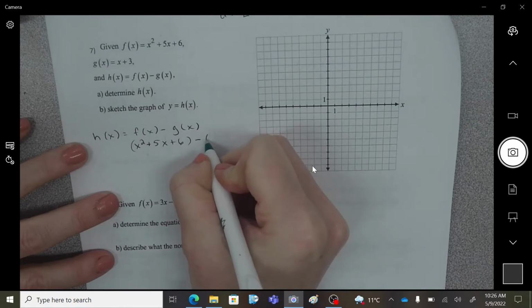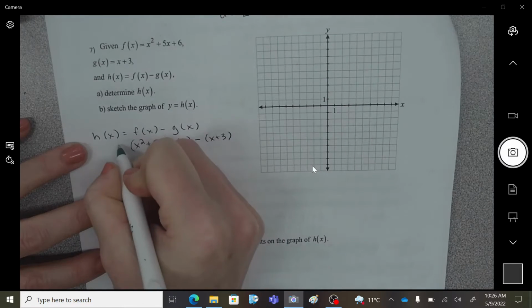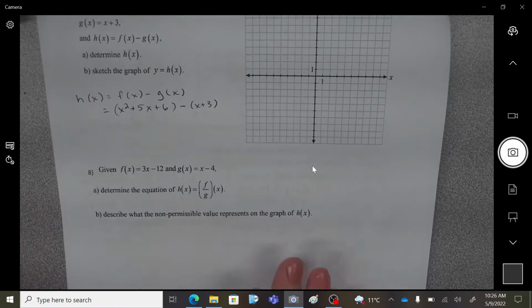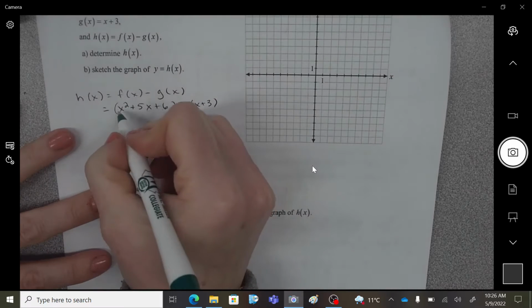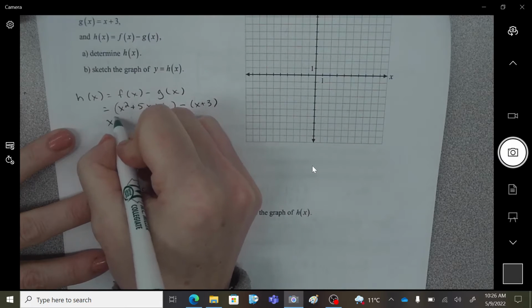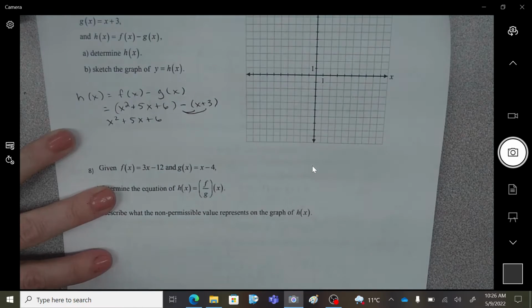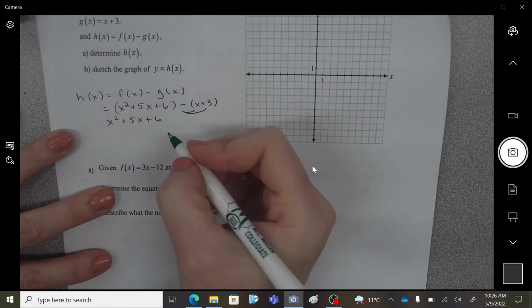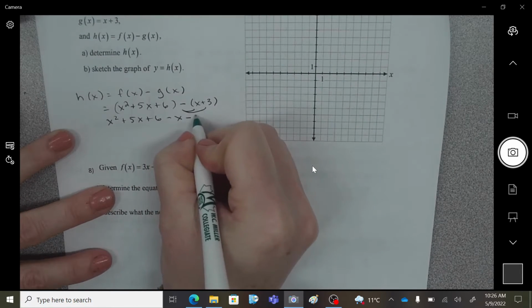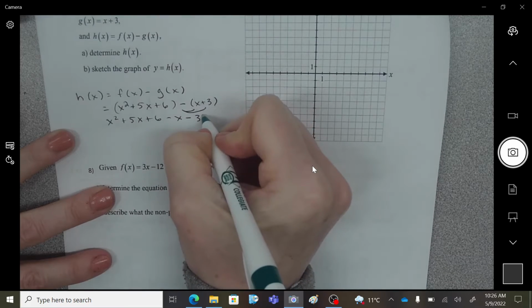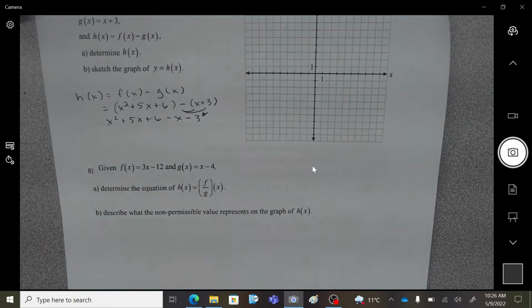And right now I'm putting brackets on that. It is not important to do brackets on the first one. However, it is very important to do brackets on the second one because that will cause a mistake if you don't.